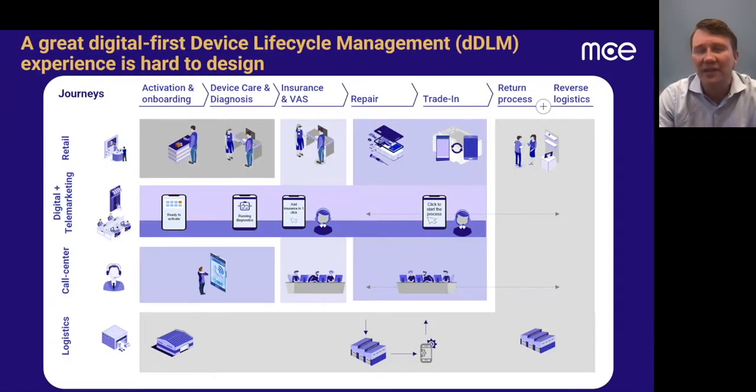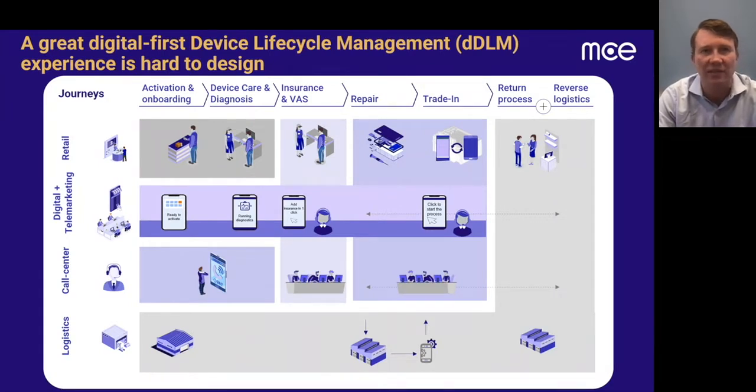For people who are dealing with device lifecycle management, they know this is quite a difficult topic because there are 6.7 billion smartphones worldwide, so everybody does device lifecycle management. Solutions have grown organically across the channels for different parts of the supply chain, for different parts of the customer cycle, and they're not connected. So today's reality is that it takes 4 days or 2.1 attempts to complete the customer journey.